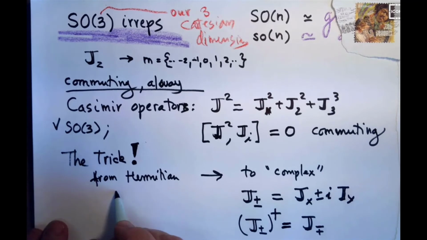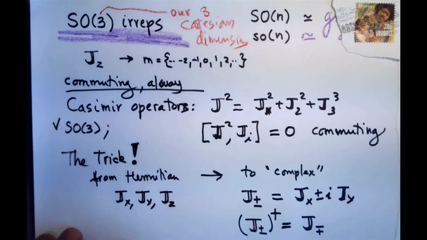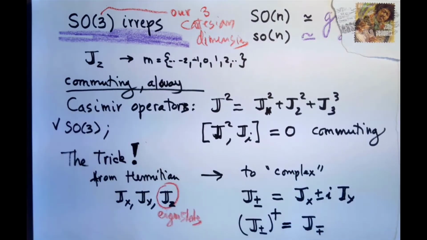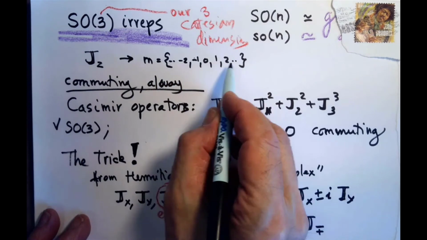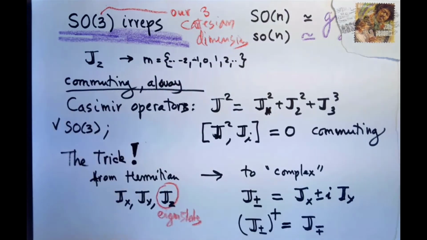So the Hermitian basis was Jx, Jy, Jz. This one is special because you're using its eigenstates. It rotates in one direction. So using the result that we had before, that on a circle, the grand circle now, you have integer number of eigenvalues.